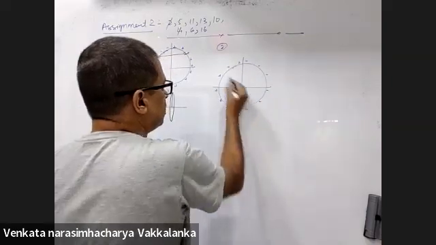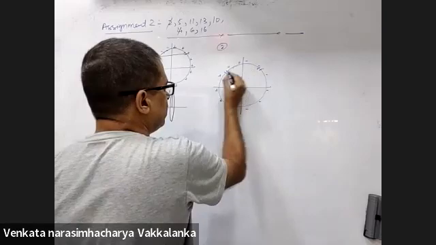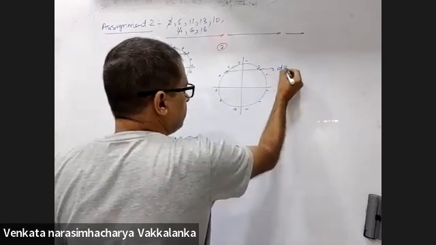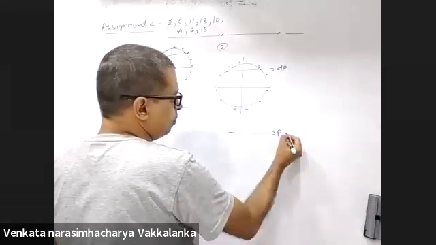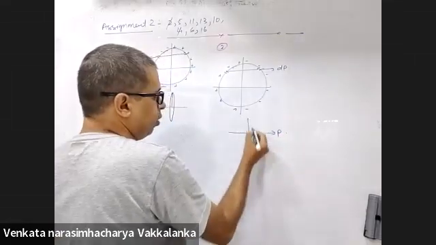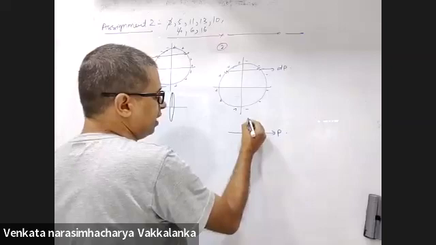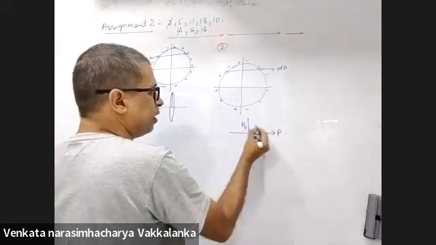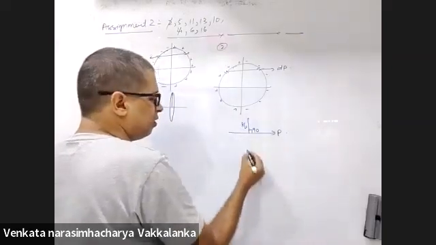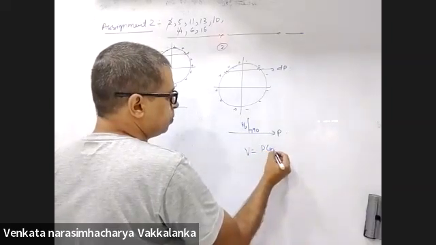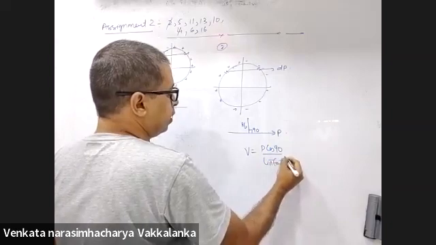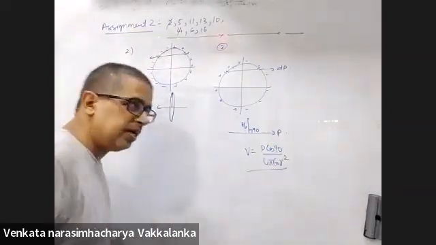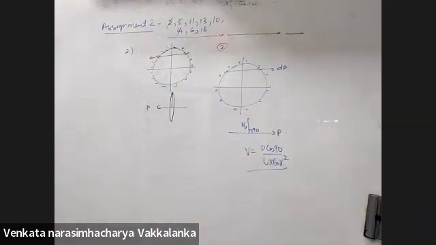When you calculated the first bit, you considered an element here and found this to be dp. You integrated all the dp's and got a net total dipole moment here. But along this line, the angle is 90, whether it is r by 2, r by 3, r by 4, wherever you go. Potential is P cos 90 divided by 4 pi epsilon naught r square. Cos 90 is 0. So the potential is 0 along that line. Yeah, sir, got it.